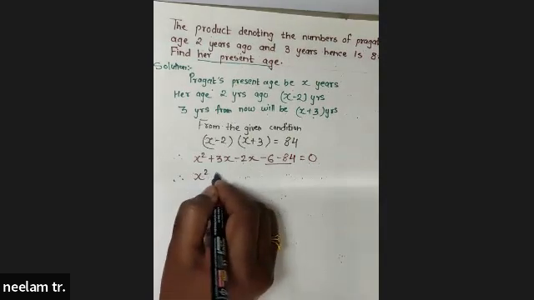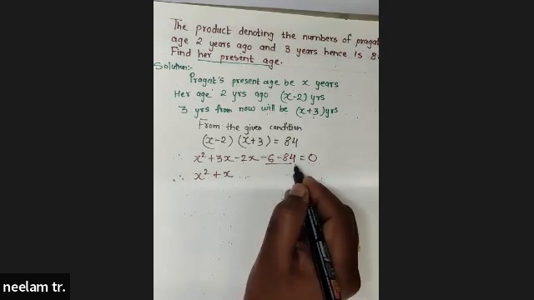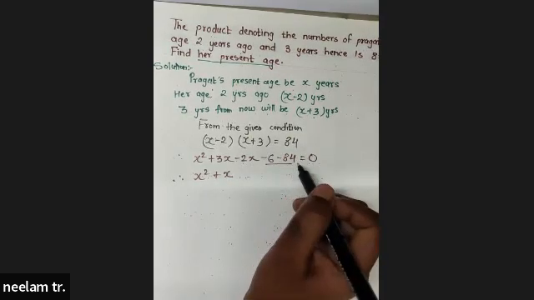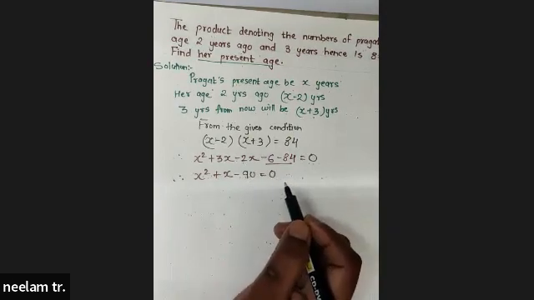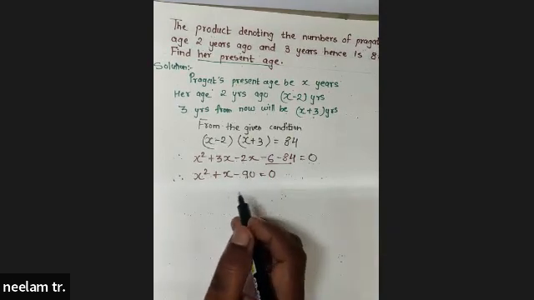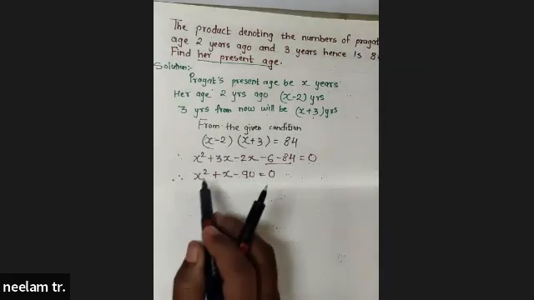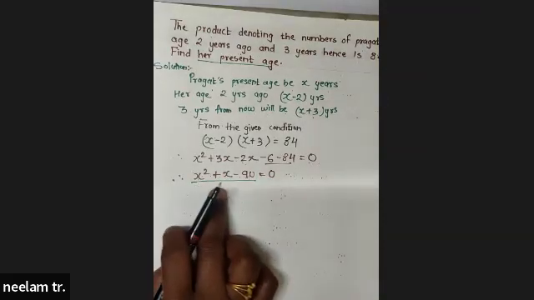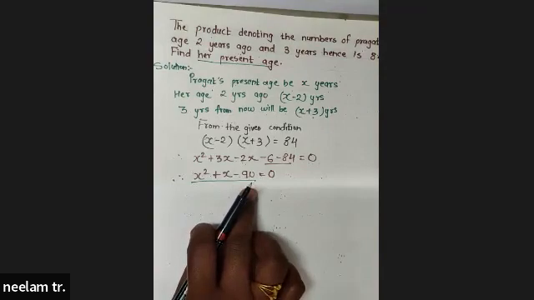So x square plus x, minus 6 minus 84, which will become minus 90, is equal to 0. Now from here onwards all students can solve. Now I got my standard form of equation, that is ax square plus bx plus c is equal to 0.